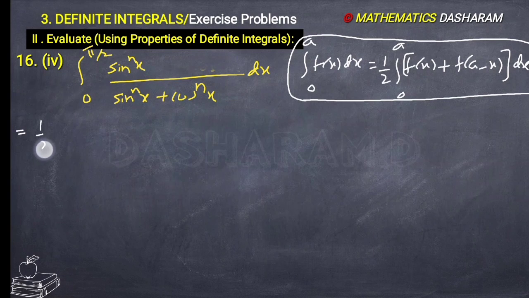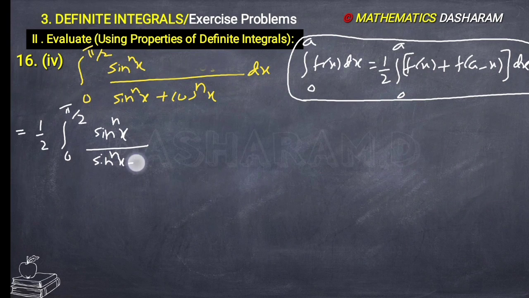1 by 2 integral 0 to pi by 2. Here f of x means the given function, that is sin to the power of n x divided by sin to the power of n x plus cos to the power of n x, plus f of a minus x. Here the a value is pi by 2.